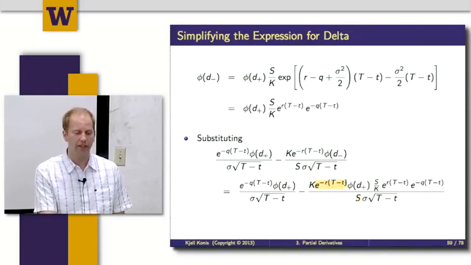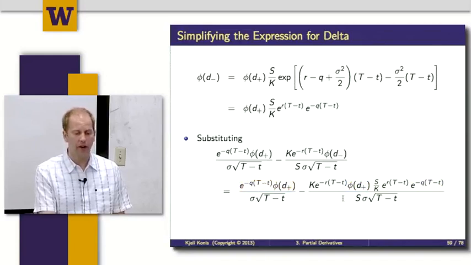Then I have e to the minus r(T minus t) and e to the r(T minus t). So when I add those together, I have minus r(T minus t) plus r(T minus t). That's the same thing as e to the 0, which is just 1. So those two parts are going to cancel each other out. So all I'm left with is phi of d plus and e to the minus q(T minus t), which is exactly what I had in the numerator over here.